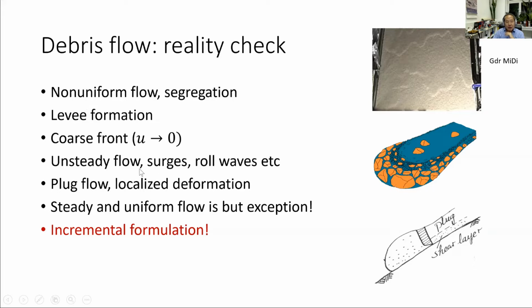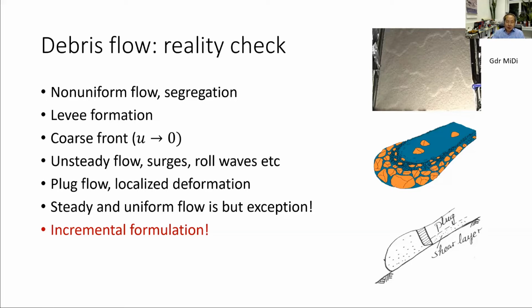Now we further observe a kind of unsteady flow. This picture is again from the guys from France, GDR MiDi, as they call it, and you definitely see the formation of roll waves. This flow is characterized by surges and roll waves, etc. These are very often observed in real debris flows, right?